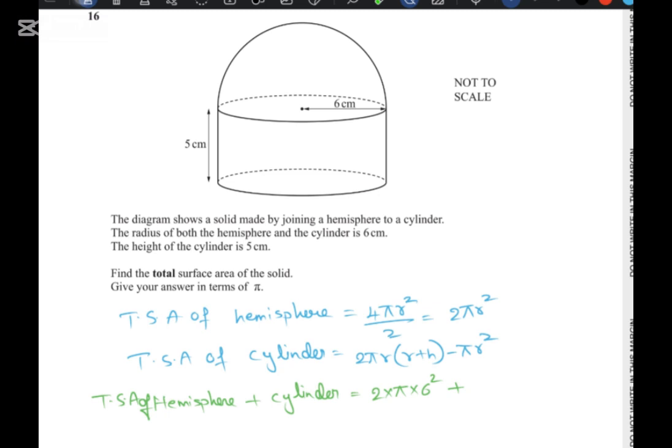Write the number in place of r: 2 pi into 6 into 6 plus 5, minus pi into 6 square.